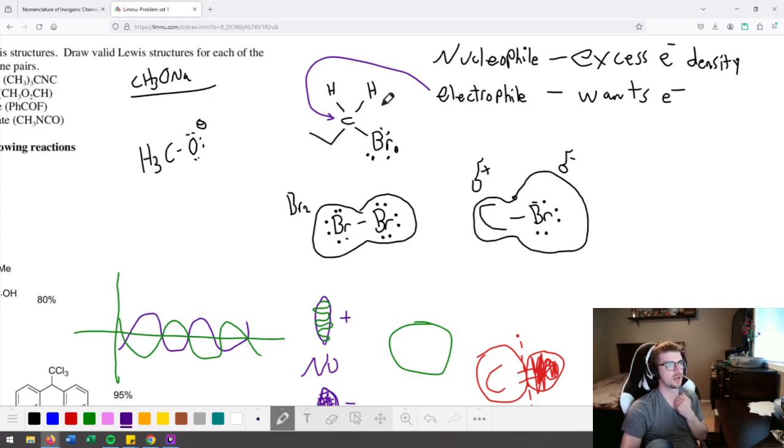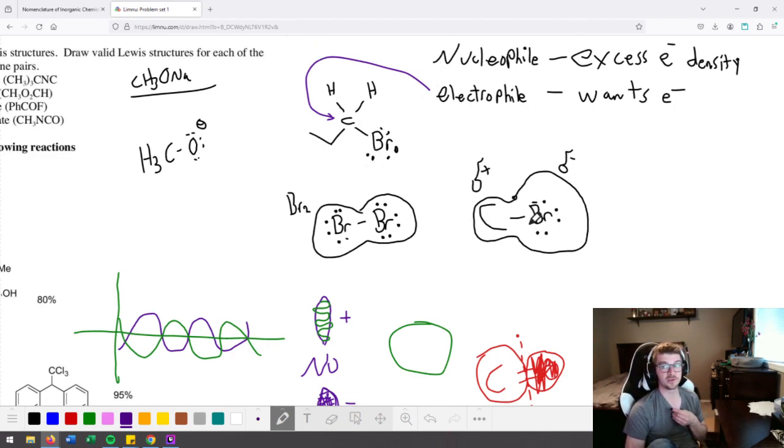So we've got an electrophile in these two molecules. But now to do a nucleophilic substitution, we need a nucleophile as well, and that's an atom that has kind of excess electron density around it.